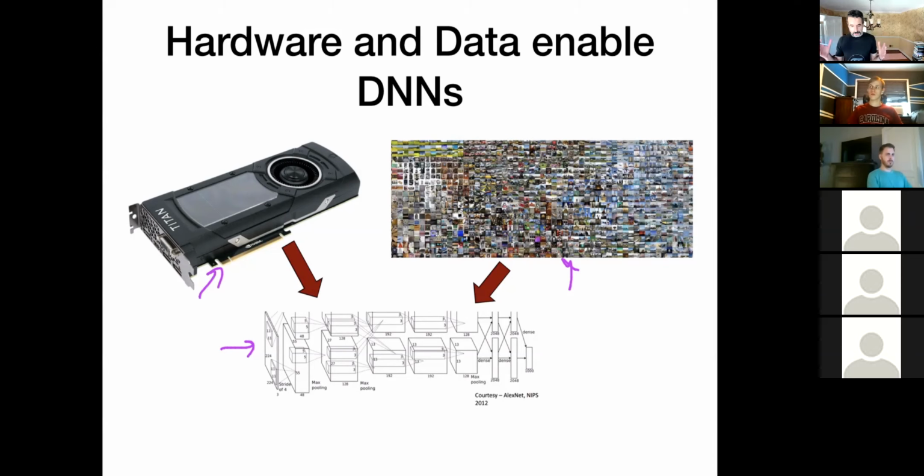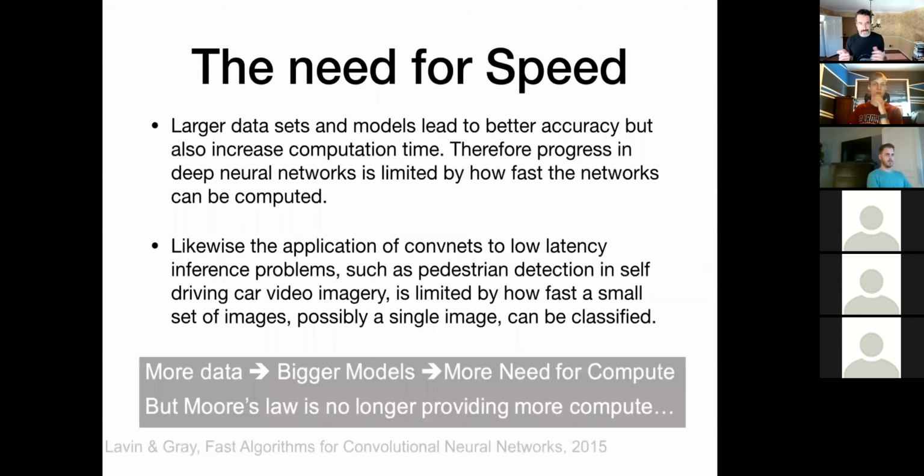As a result, the trend is really simple. We have more data, right? As a result of more data, the models get bigger and bigger. They get deeper and deeper, which means that you need to train more weights.